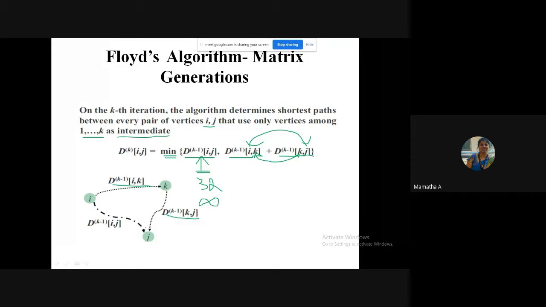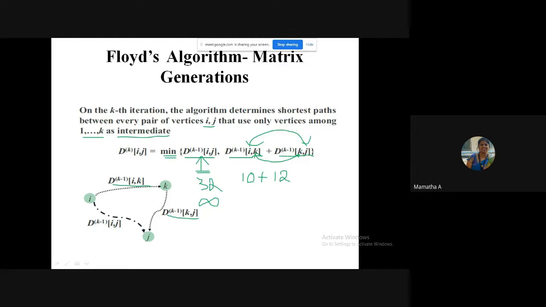Say for example, i to k, I get the distance 10. K to j, I get a distance 12. So what should I do with these two distances, i to k, k to j? I should add them in order to get the distance between which vertices?